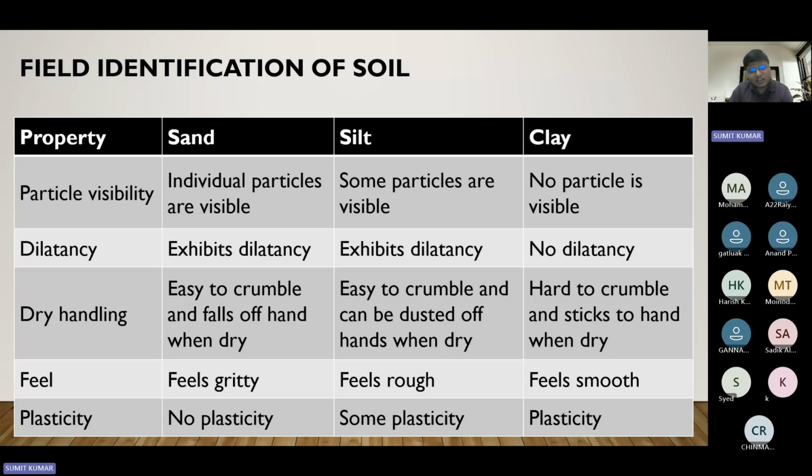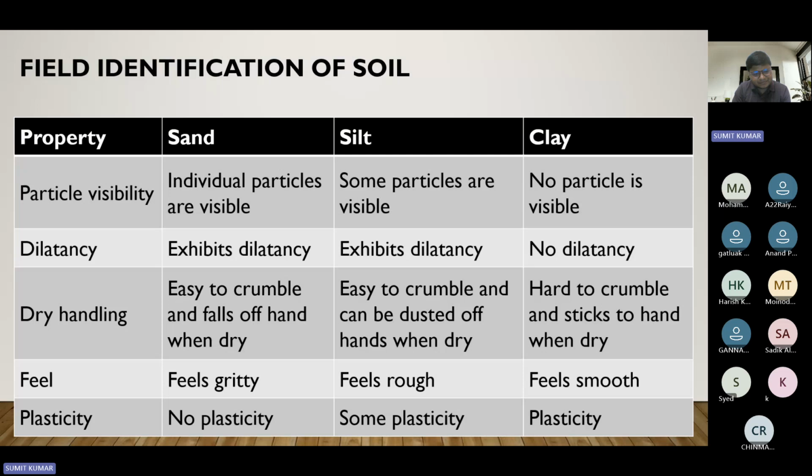Similarly, sand exhibits dilatancy. Dilatancy is the property of change in volume, or something like that. Silt also exhibits dilatancy, but in clay no dilatancy is there. Basically, dilatancy angle is a term which is defined. How it is defined? Okay, we will discuss that as it comes ahead.